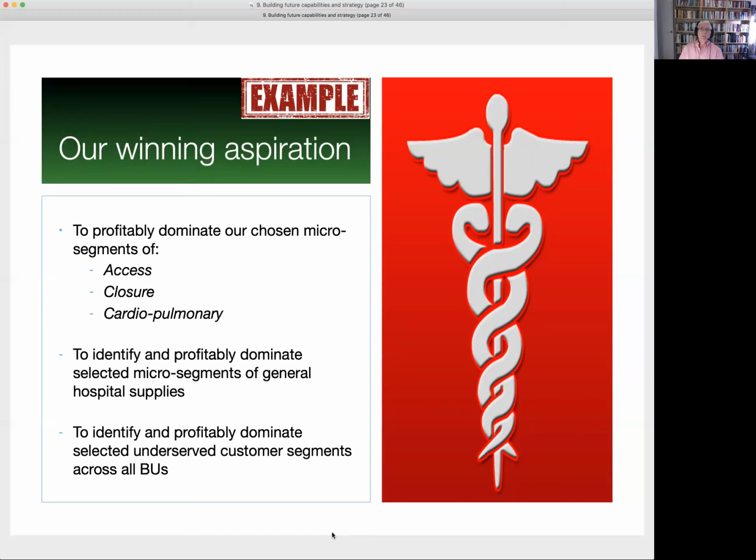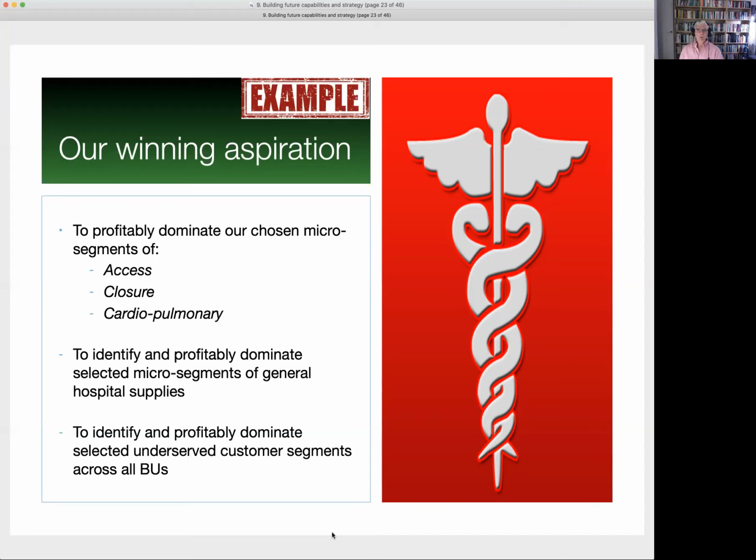So the case study example, and I can't go too much into detail because you'd be able to identify who the company is, but the winning aspiration was to profitably dominate our chosen micro segments of access, which is the procedure in an operation where you open up the patient and gain access to the particular organ or area of the body that needs to be explored or probed or operated on.